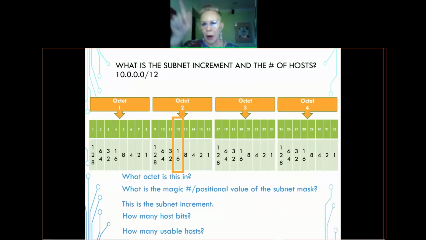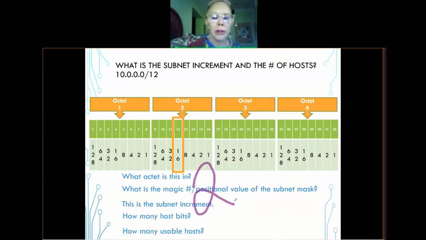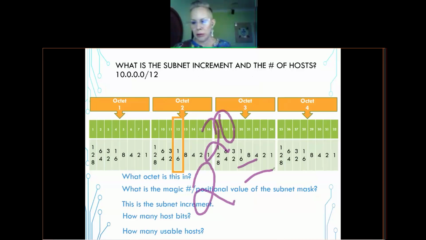It would be 2 to the power of, well, we have to do it to the number of host bits. So we have 20 host bits, so it would be 2 to the power of 20, and I don't know what that is. It's a lot.